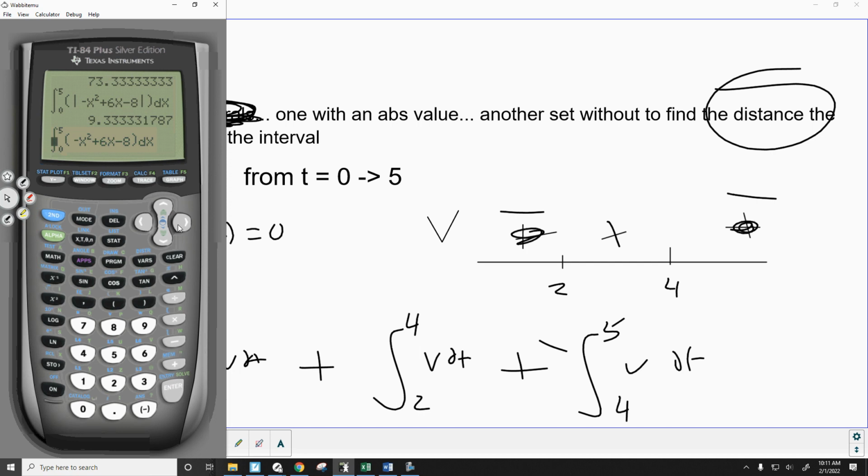We got 0 to 2. I got 2 to 4. Not that bad once you have it in. Again, this would be like what I'm doing without a calculator or what I'm doing without an absolute value. 4 to 5.